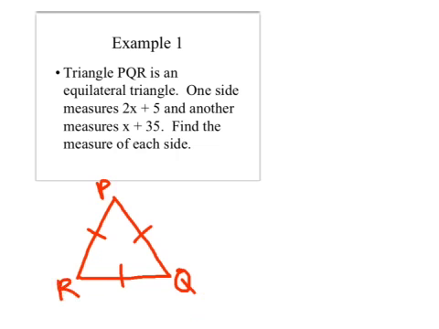And since all the sides are the same, it doesn't matter that the problem didn't tell us which side is 2x plus 5, so we can just put it on any side we want. And then we'll put x plus 35 on some other side.